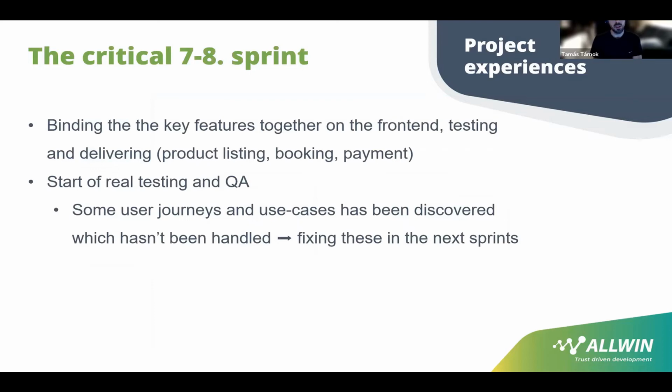So in this critical sprint, we deployed the main features to actually be able to book a product and run through the whole journey of a payment and the checkout.